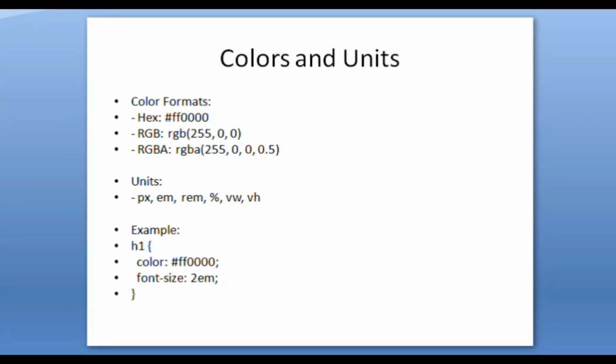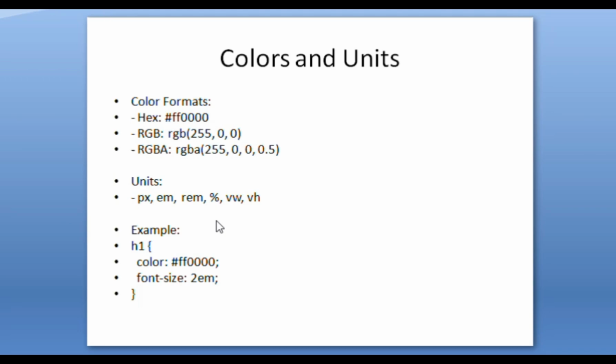RGB means the red, green, blue colors. RGB stands for red, green and blue. It lets you mix these three colors by specifying values from 0 to 255. Now in RGB, if I give the color as 255, 0, 0, then 255 is at the first place.